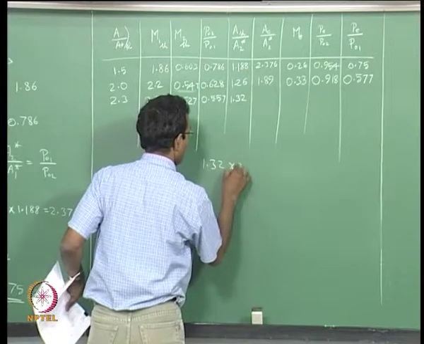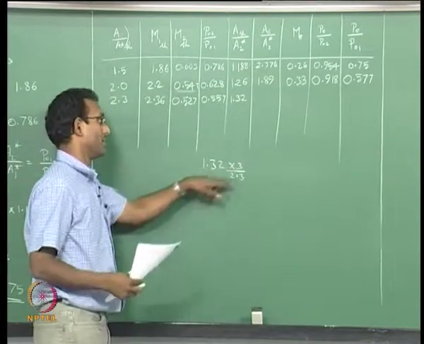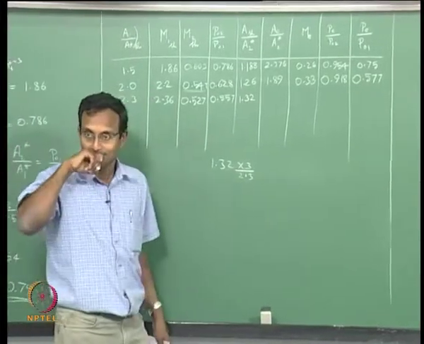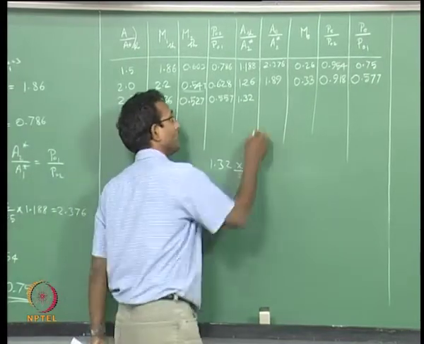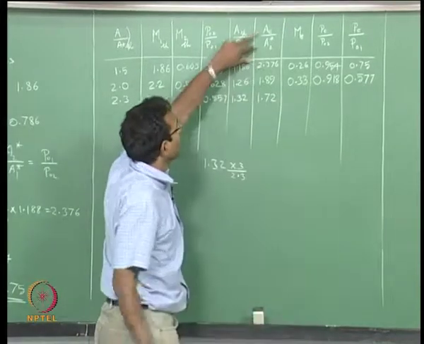I have to make it 3 from 2.3. So I multiply by 3 divided by 2.3, I want that number. 1.72. Okay. Now we go back to isentropic tables.